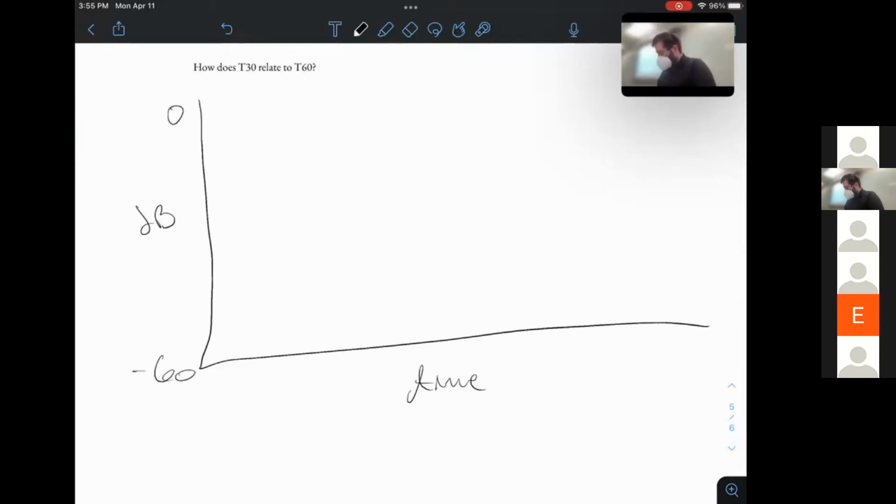What I would like to do in a perfect world is excite this room with an impulse at 0 dB, and watch it decay all the way out to here, and this point in time is my T60. You with me on that? Yes. Okay, cool. That's my T60. It's just the time it takes to drop 60 dB.